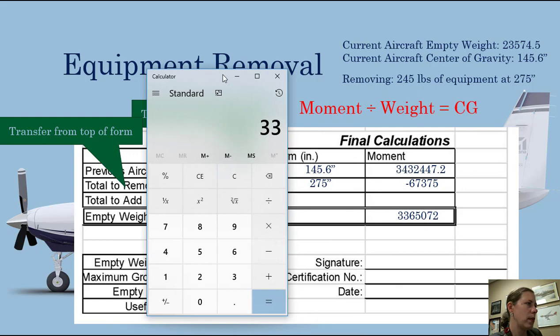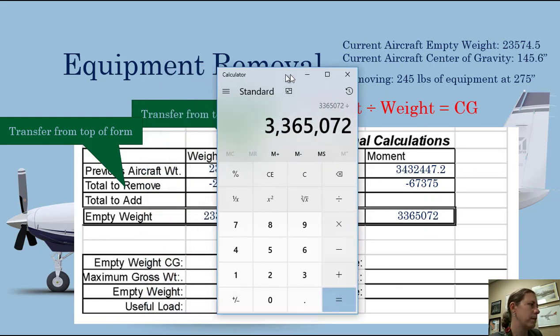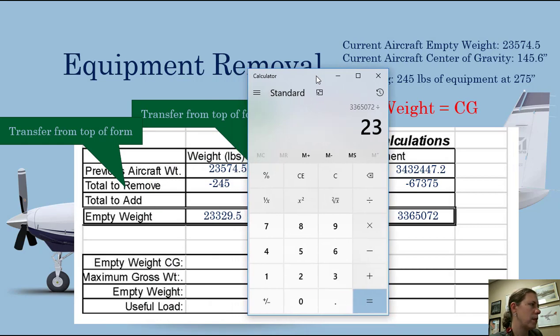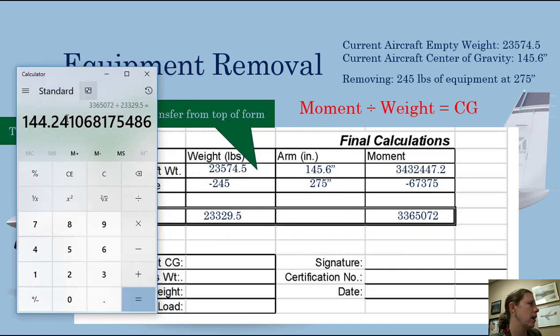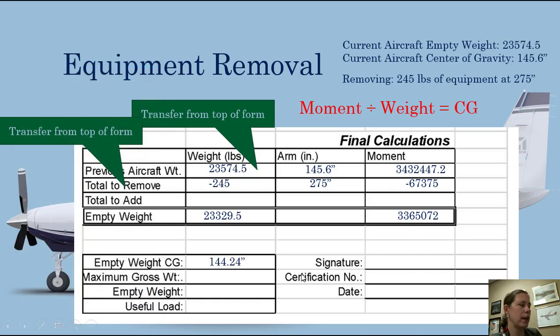So here's our moment, 3,365,072, divided by 23,329.5, and I get a new center of gravity of 144.24 inches. And we can enter that into our form as well. So 144.24 inches is our new center of gravity once we removed that weight. Okay, so that's how we do the equipment removal problem.